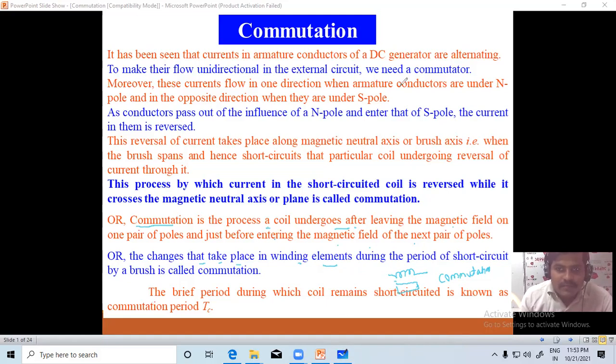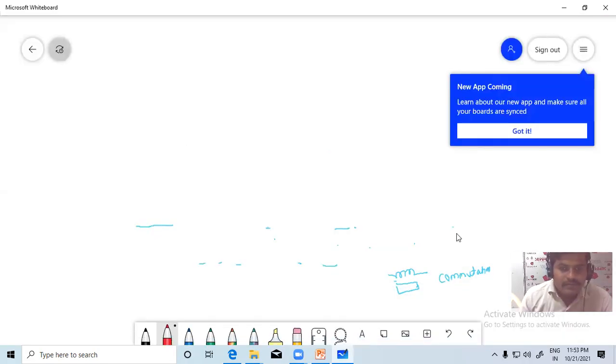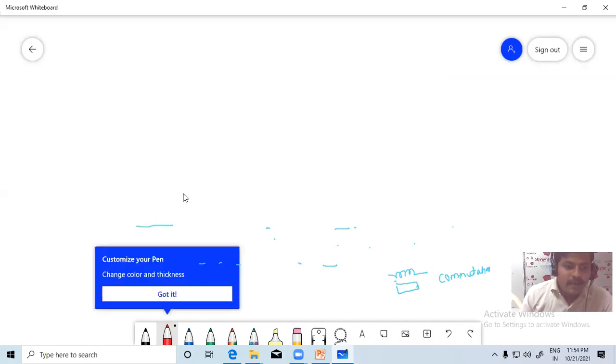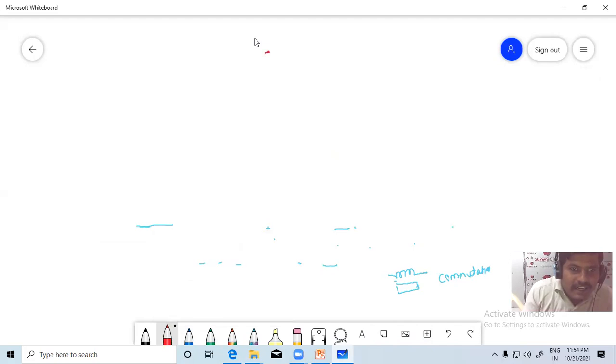Now see, I will draw one diagram for that. Suppose one of the conductors is there. Here it is the commutator of the DC machine. Consider it a DC machine commutator.